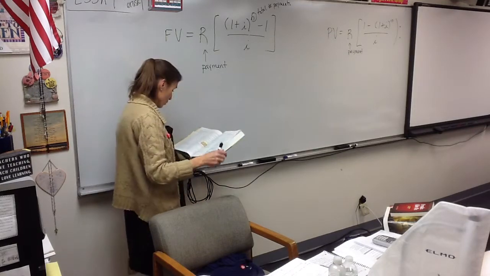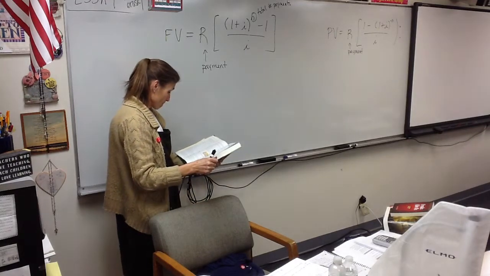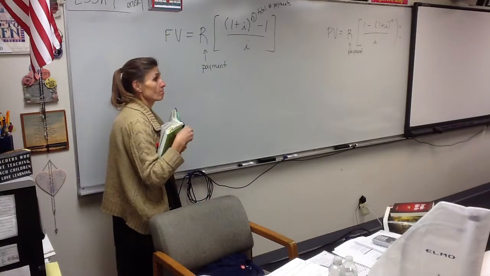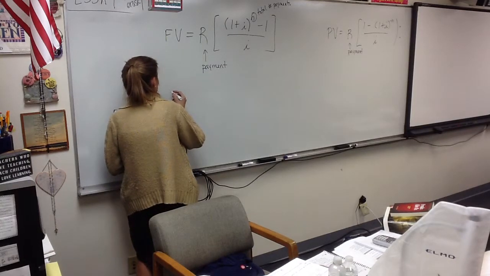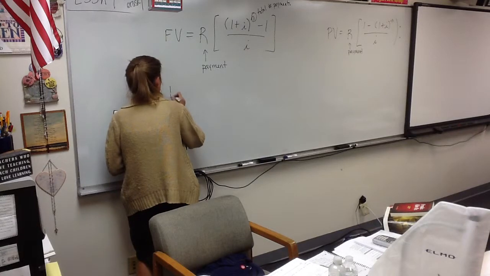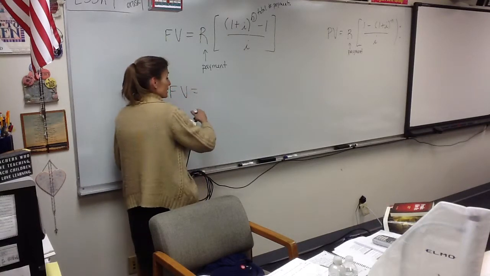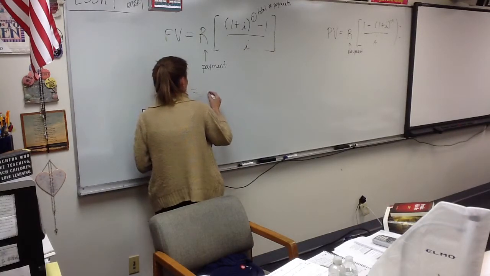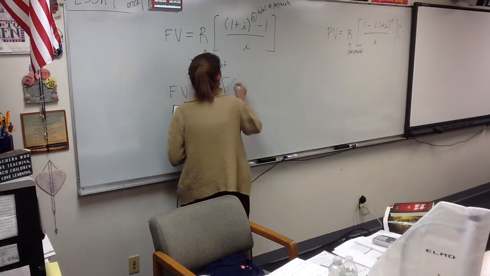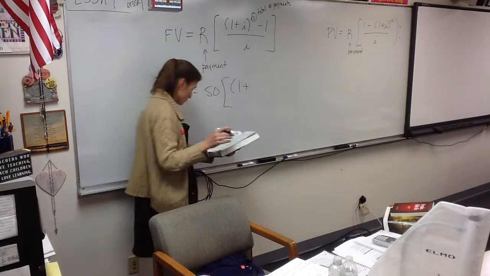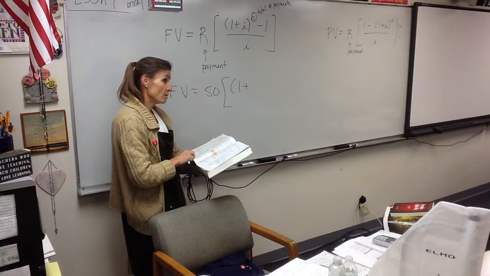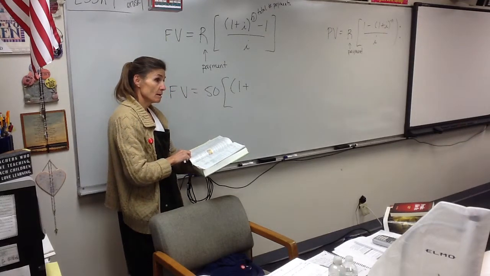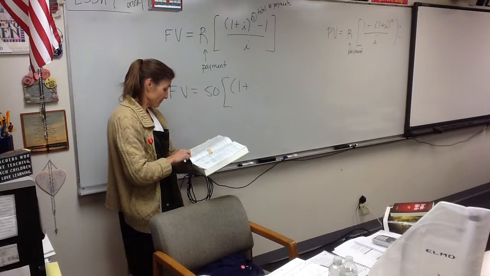All right, what's going to go where? What's my variable? What am I solving for? I'm solving for this, right? How much is my payment? $50. What's my interest rate? 0.0726. Well, what do I need to do with that?